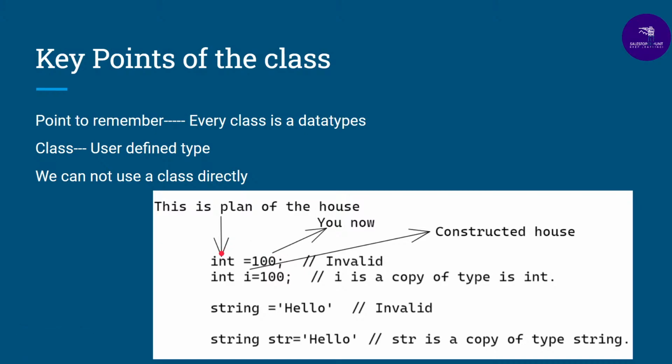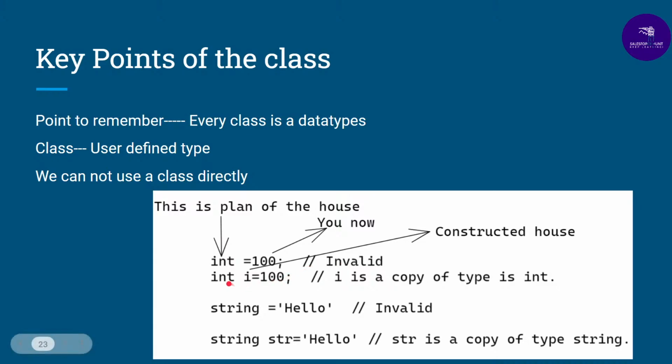First you have to build the house, and once it is built you can live in it, because that is the strategy to create houses. So this is one thing. Also, you can see that integer equal to 100 is an invalid statement, because we cannot assign the value 100 directly to a data type. This is the one problem here.